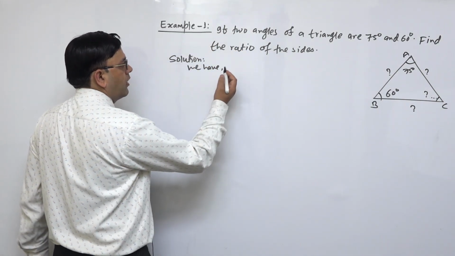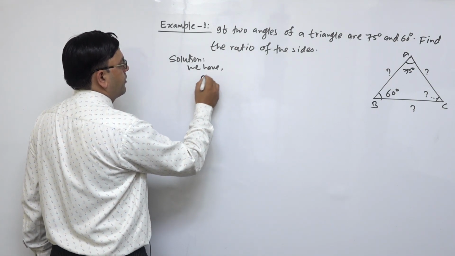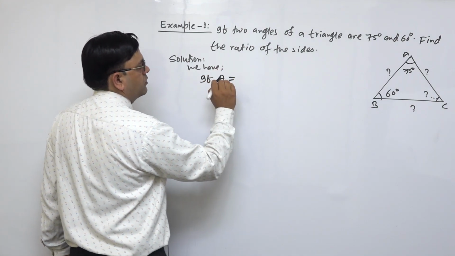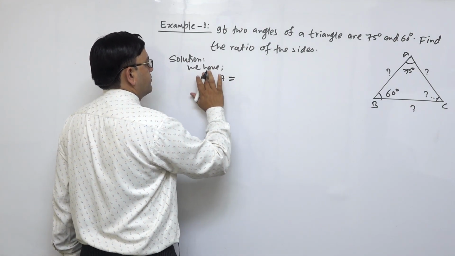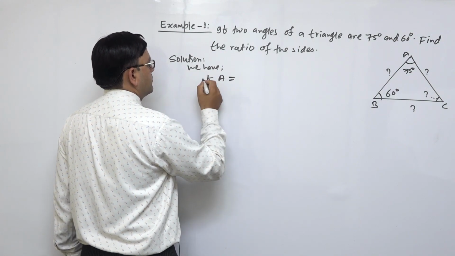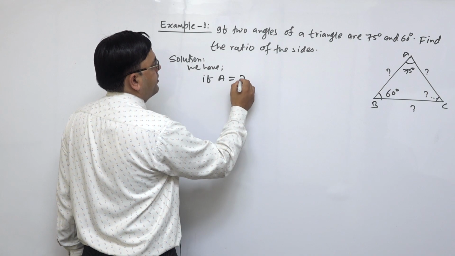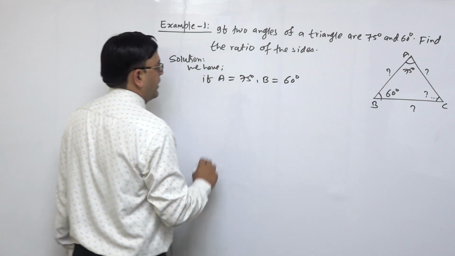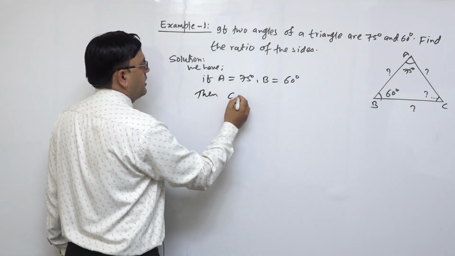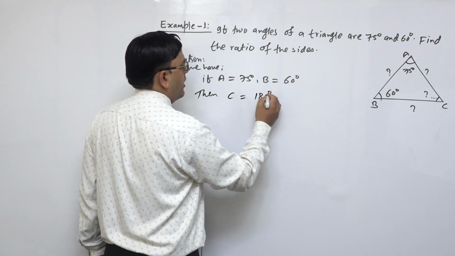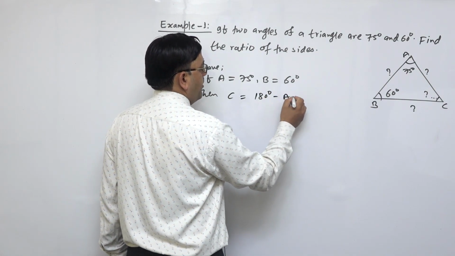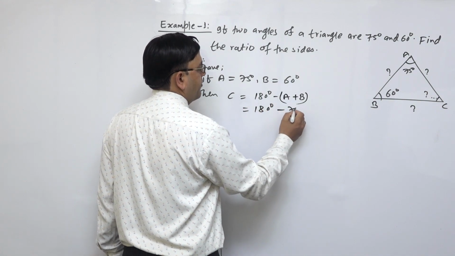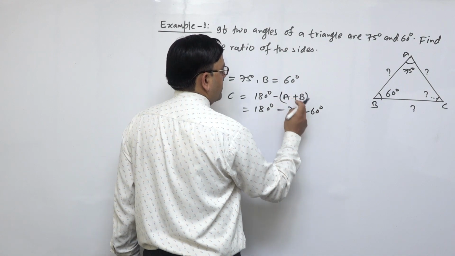So here we have, if A is equal to 75 degree, B is equal to 60 degree, then C is equal to 180 degree minus A plus B. So this is equal to 180 degree minus 75 degree minus 60 degree, by opening minus plus minus.